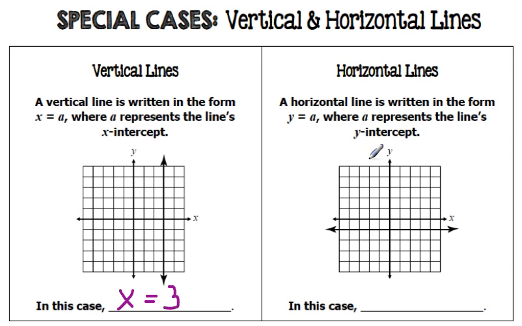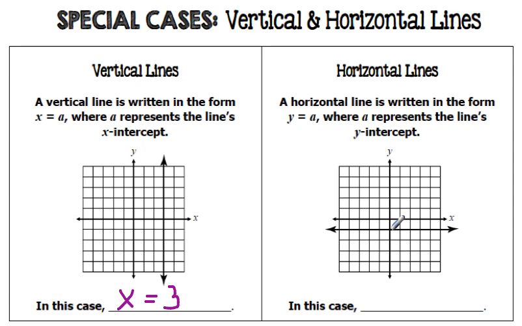Let's take a look at a horizontal line. So on the right here, a horizontal line is written in the form of y equals a, where a represents the line's y-intercept. So again, in this case, our horizontal line is down here.